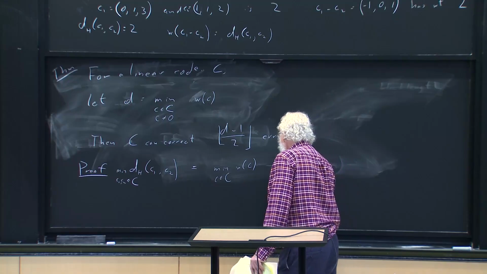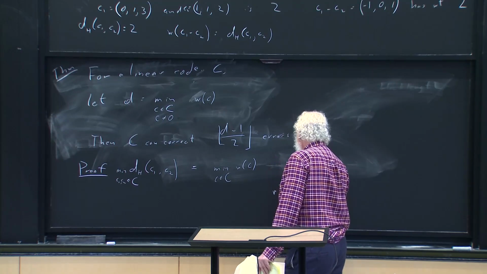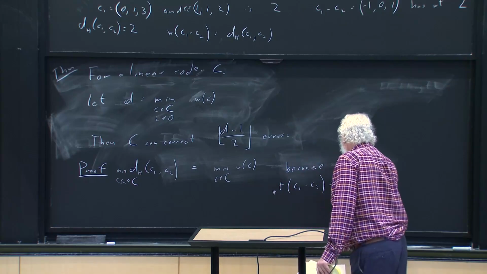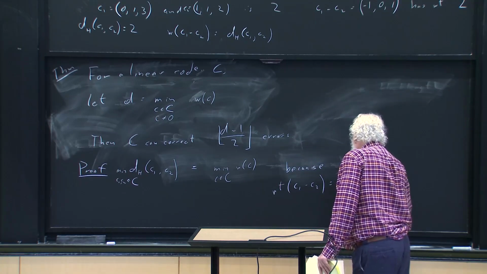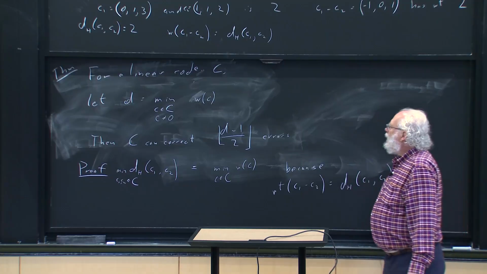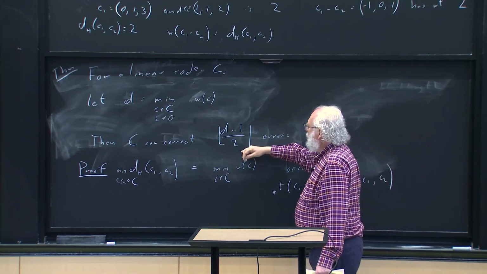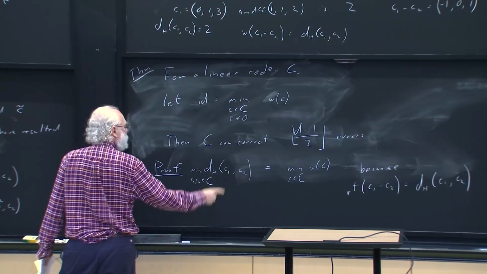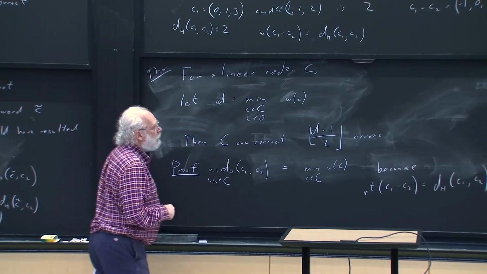Because the weight of C1 minus C2 is equal to the Hamming distance between C1 and C2. So for linear code C, you want C to be able to correct D minus 1 over 2 errors.